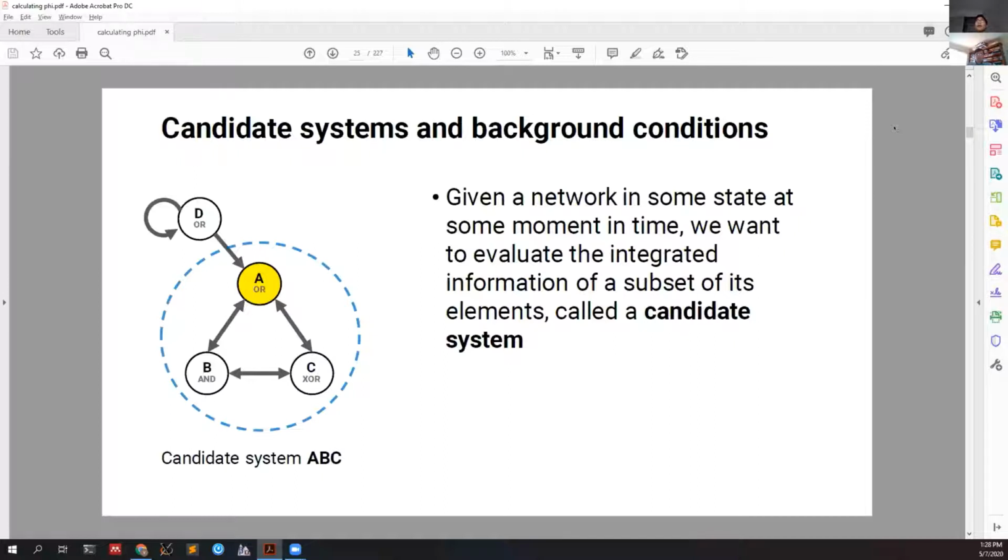So in order to find the most integrated part, we just need to focus on all possible subsets of a network and then assess the network in terms of integration. So here, let's say we focus on a subset ABC and call it a candidate system.